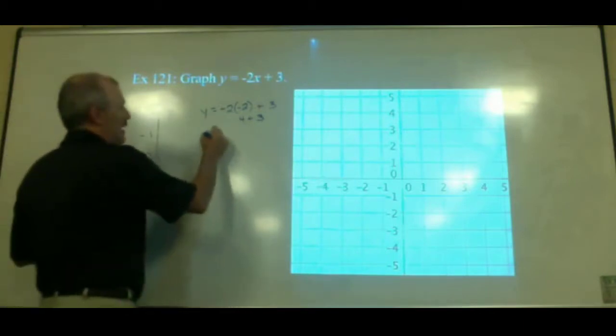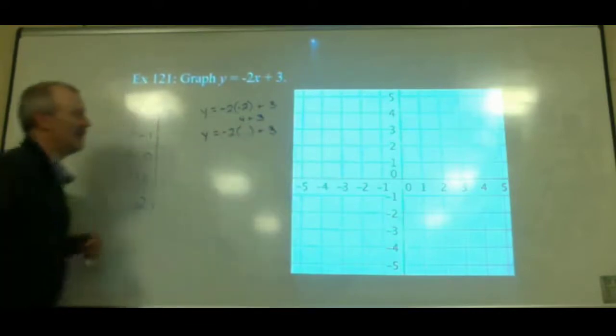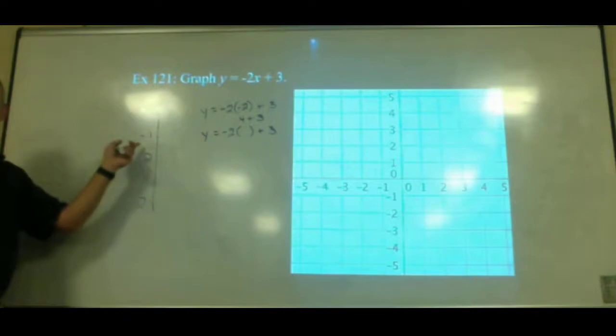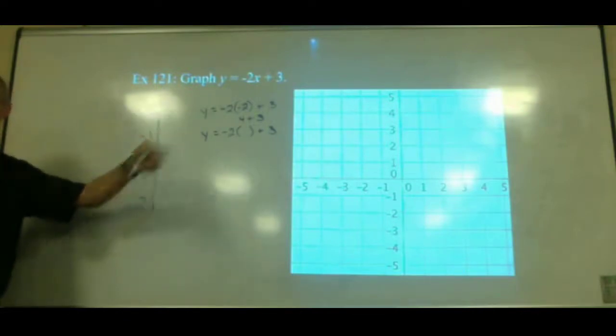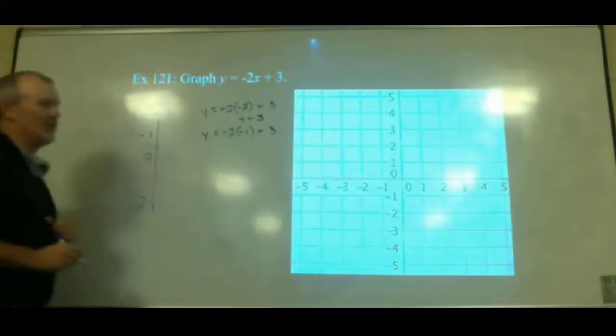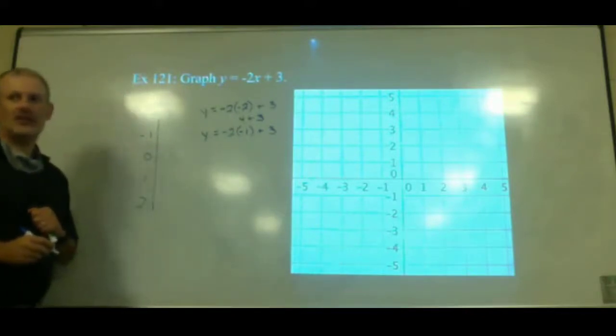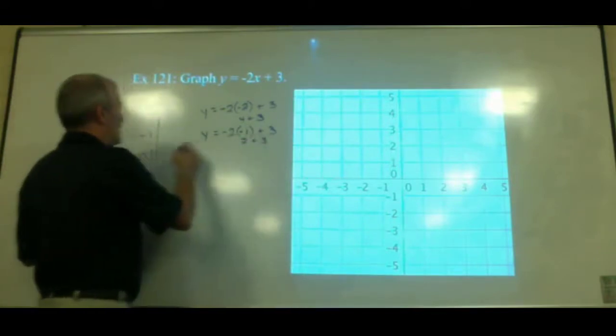I'm going to go down to the next one and do the same thing. Y equals -2 times something plus 3, and I'm going to put in a -1 in place of the x, because I picked -1. So what is -2 times -1? Positive 2, and then plus 3 gives us 5.